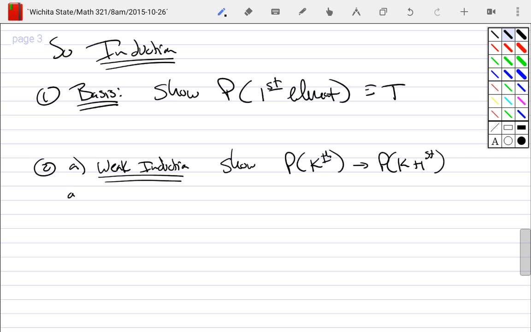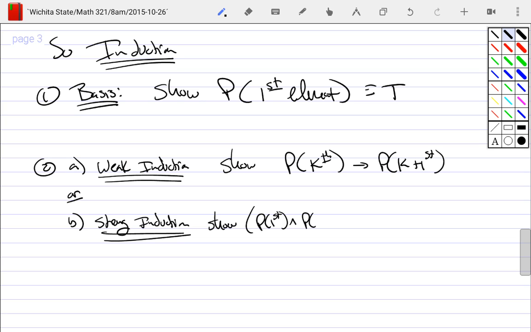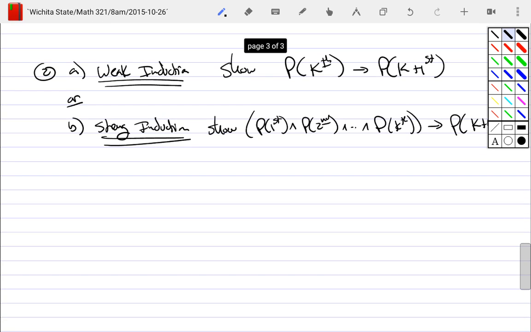Or, rather, move up to strong induction. And strong induction is to show that P of 1 and P of the first element and P of the second element and everything up to P of the kth element working together can show the P of k plus first element.